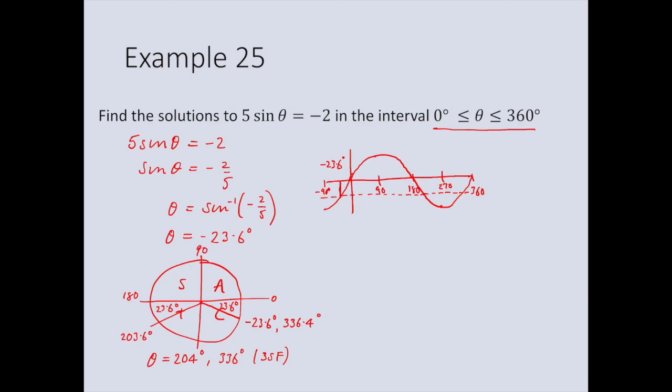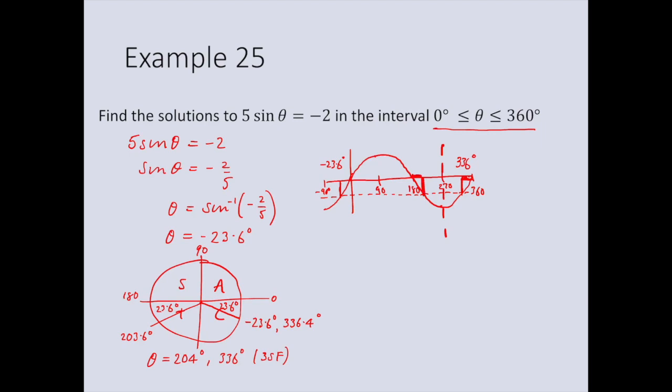Then if we move up a full 360 degrees, we're going to get to this answer here, which is our 336 degrees. And hopefully here you can see some symmetry. You can see that there's a line of symmetry that runs through 270 degrees. So whatever gap this is, we're going to get the same gap here.